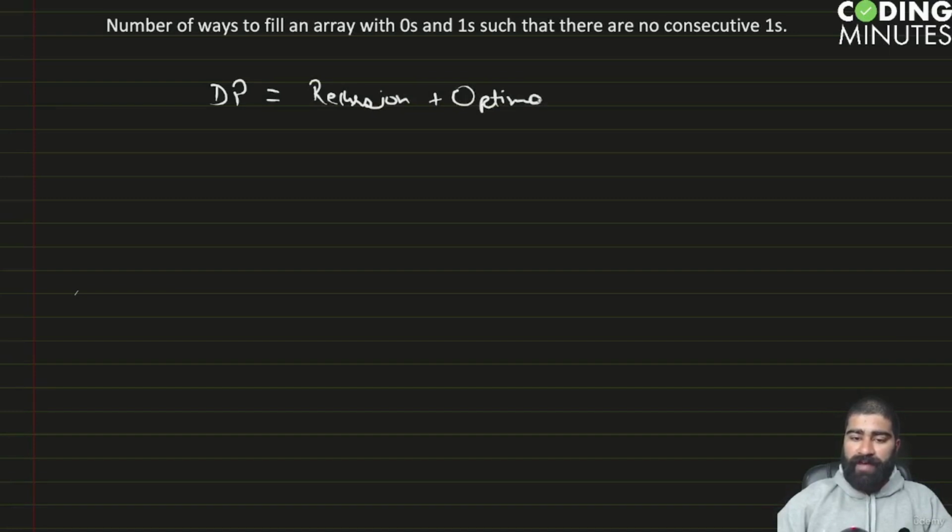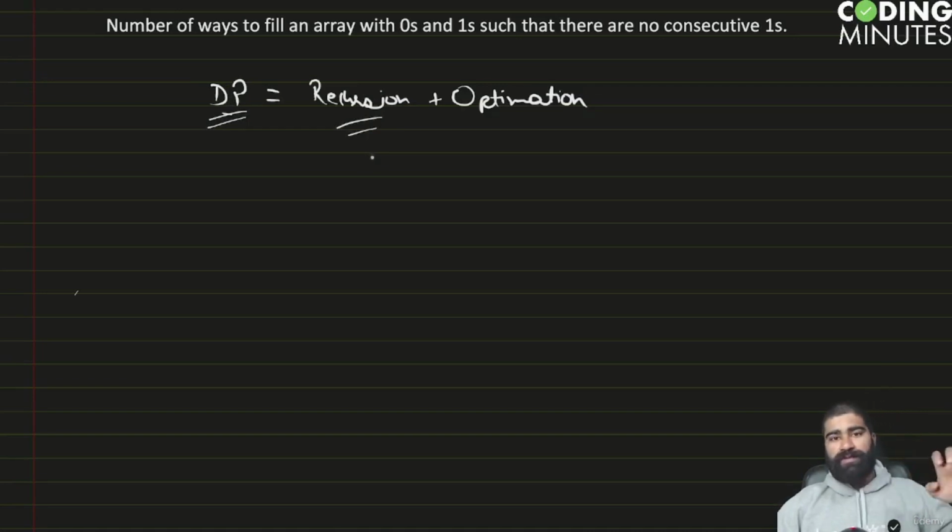If we have a good recursive approach for any problem, then we can easily convert that solution into a dynamic programming solution, because every dynamic programming solution, mark my words, has a recursive approach. Every dynamic programming solution will have a recursive solution inside it, which will be further optimized. So DP is nothing but recursion plus optimization.